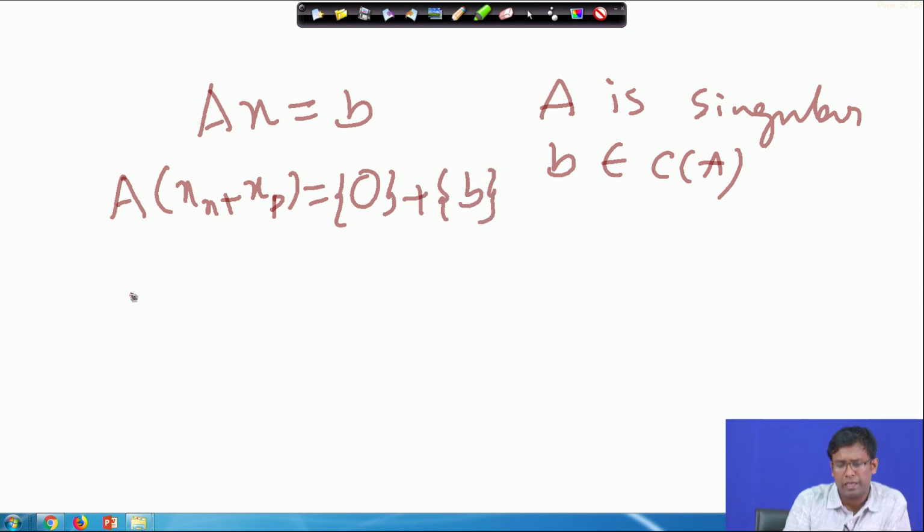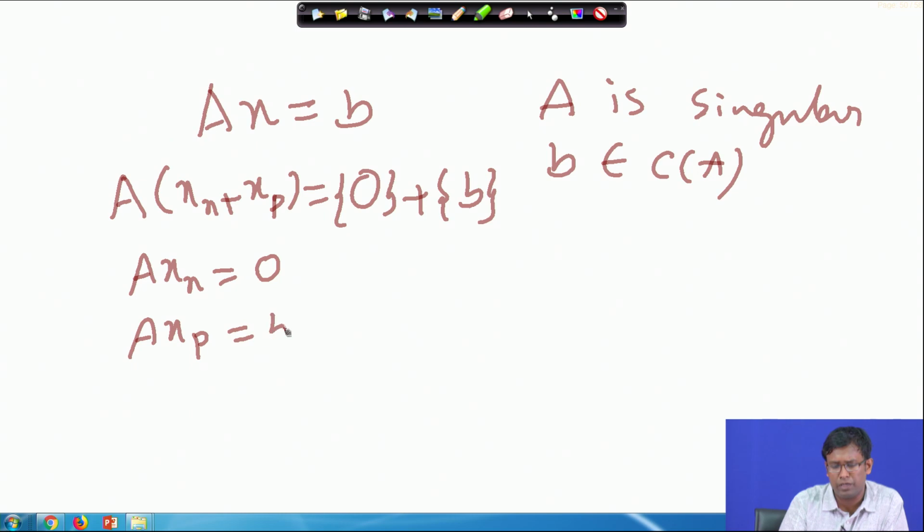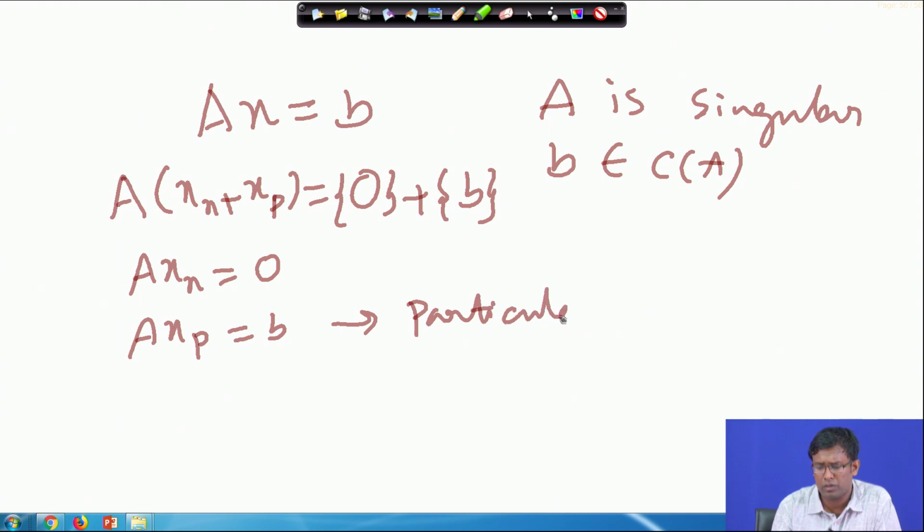That is, A x_n = 0 is one equation, and A x_p = b is another equation. This is the particular solution, and this is the null space.